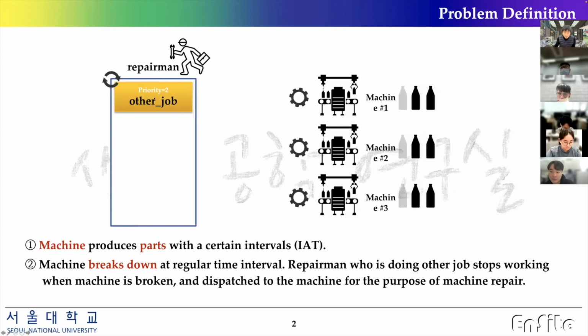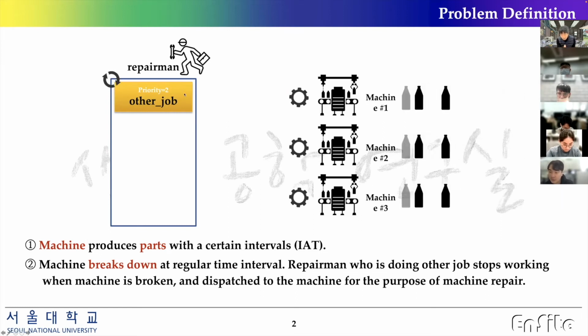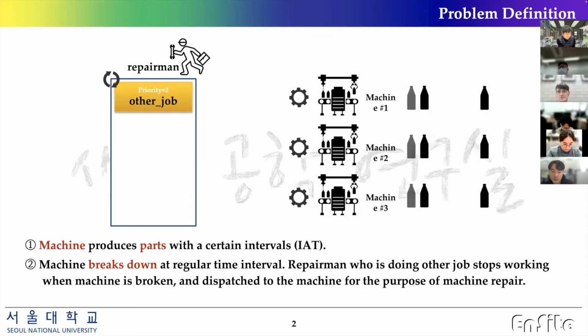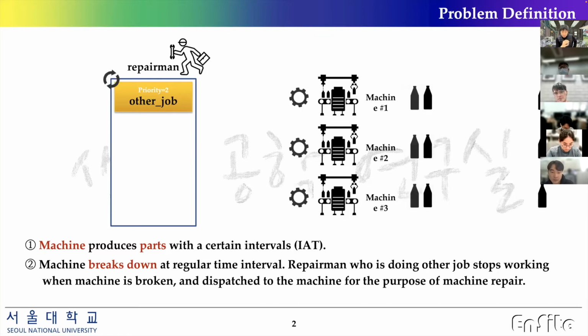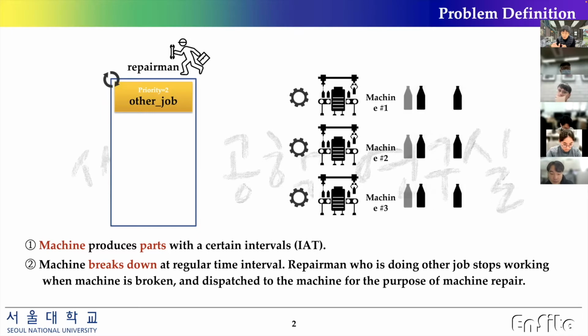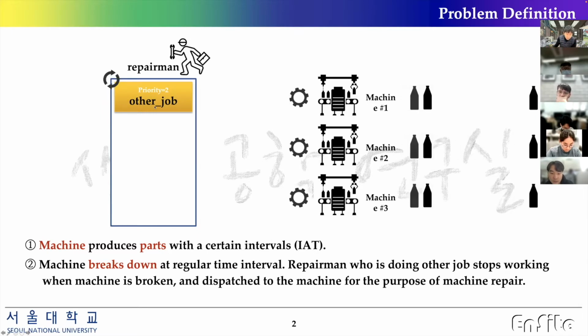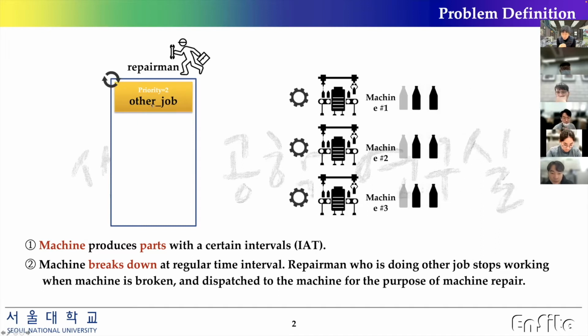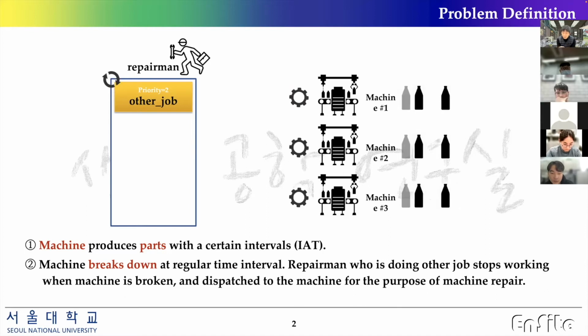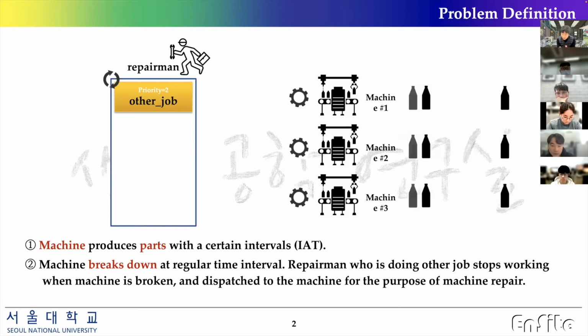In terms of this other job, it has to record the remaining time. When the repairman comes back to this other job, he will conduct the work with the saved remaining time.